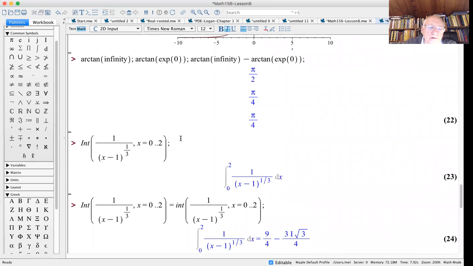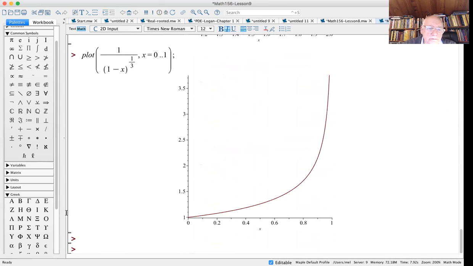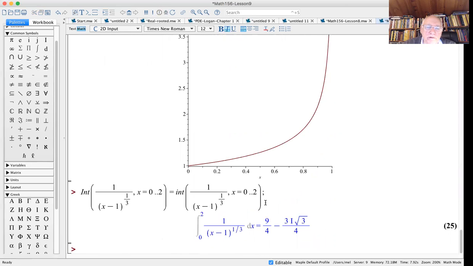So let's see what happens when we try to integrate this. Why does it want to give us a complex number? We're doing the experiment. If you integrate from 0 to 1, it wants to make this complex.